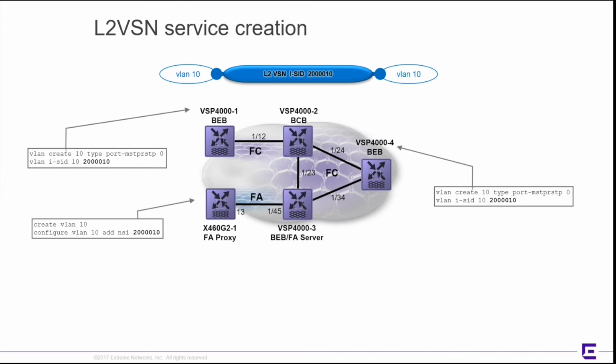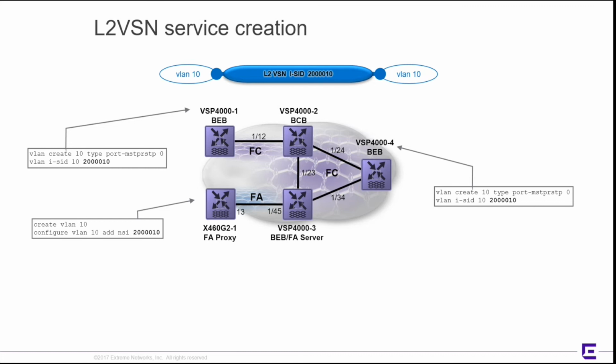Okay. So as we look at the configuration for layer 2 virtual service networking, the service security zone here, we've been talking about this since the start of the session today. We've been pointing out that VLAN 10 is assigned to I-SID, in this scenario 200010. Once again, we can use any number we want for that.